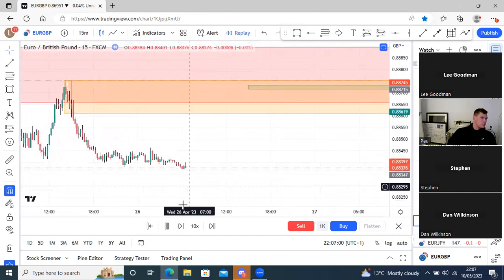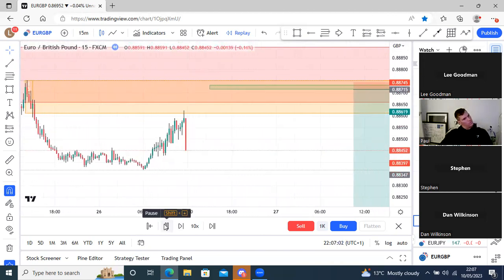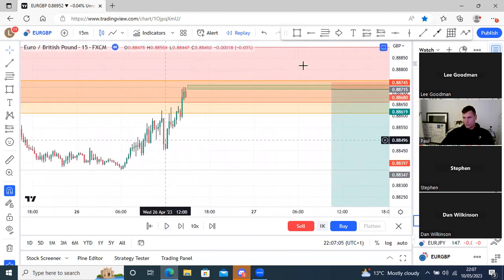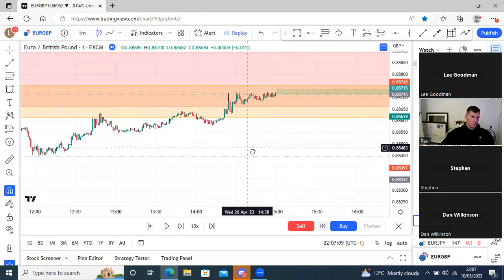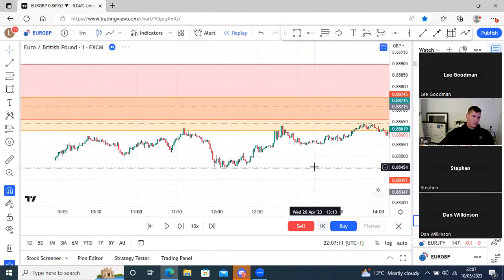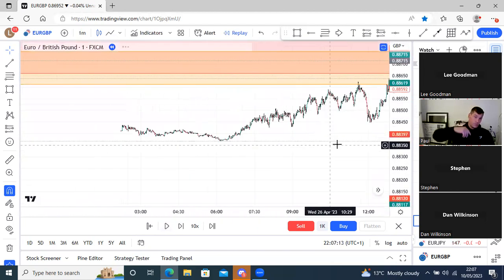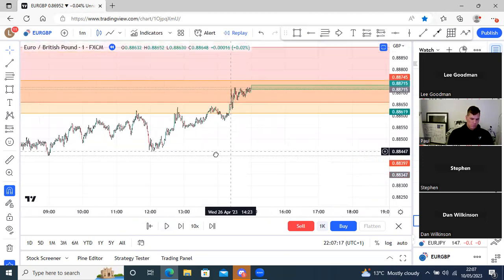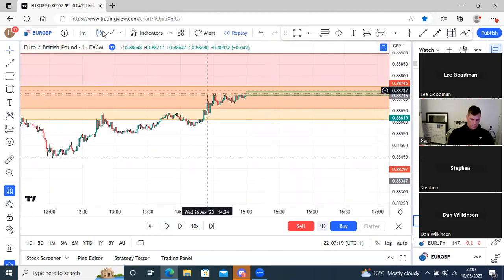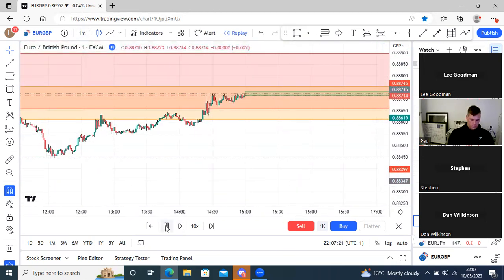Certainly like the bottom is gone. Break the structure.